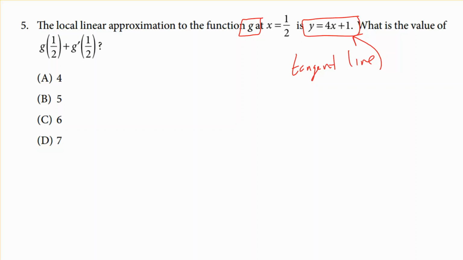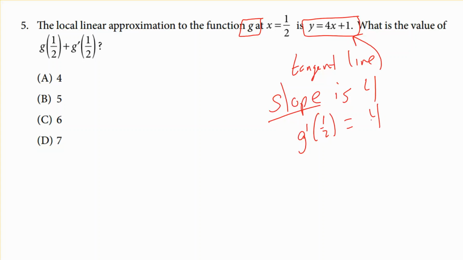So we're tangent at the point 1/2, and that's our graph. So what does that mean? So the slope is 4. What is slope? Slope is g prime. So g prime of 1/2 is 4.